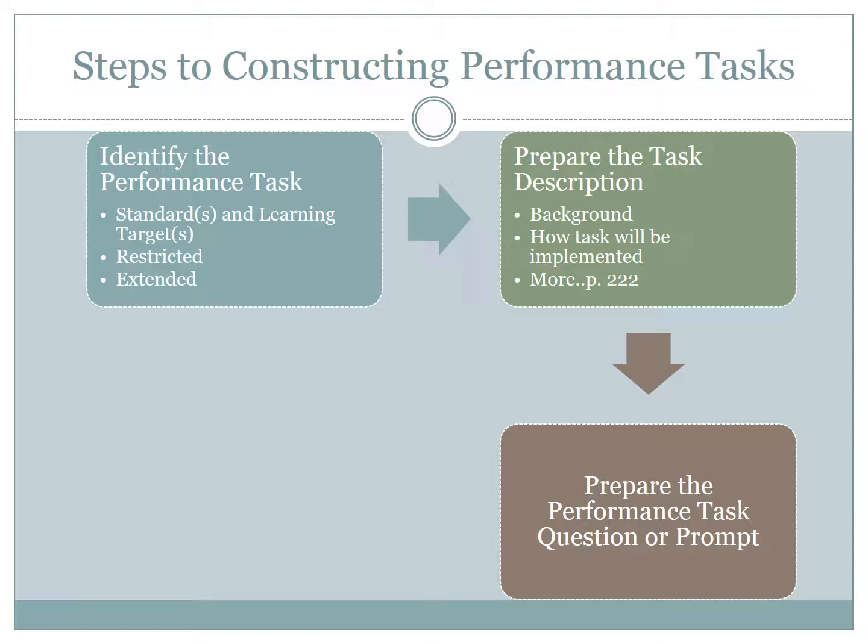So for example, what I said before about doing a bar chart with data, that could be a restricted performance task. Whereas the things that I mentioned when I was talking about the science projects, those are extended. Those will take a longer period of time, generally be more complex, and measure more learning targets.